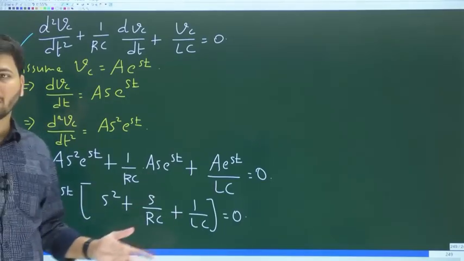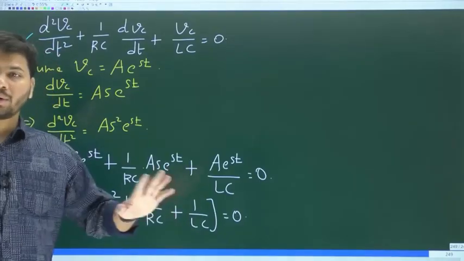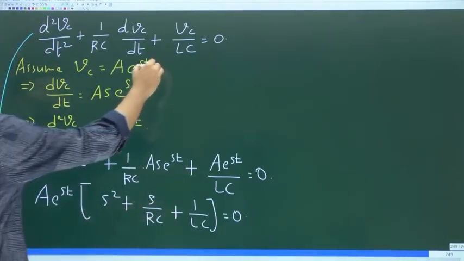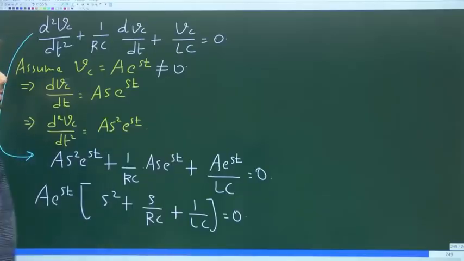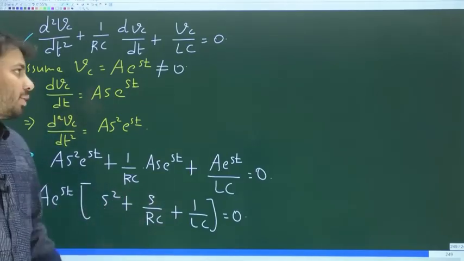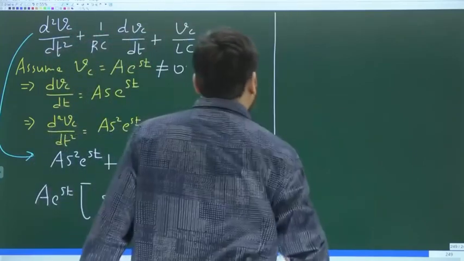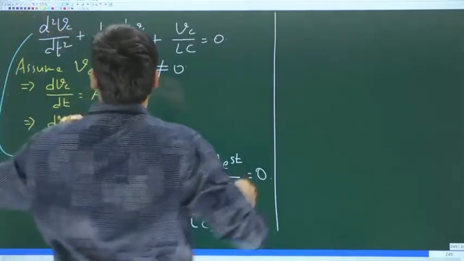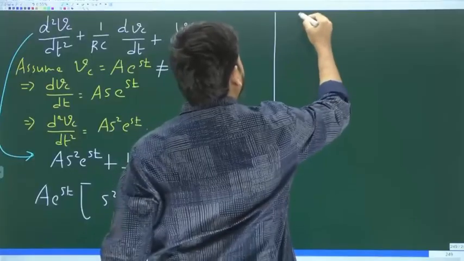It is a solution, and we are looking for a non-zero solution, which means this A times e power st is obviously not going to be 0. So if this is not 0, the only way the left hand side will be 0 is when this multiplying factor becomes 0. So now we are going to get the characteristic equation.